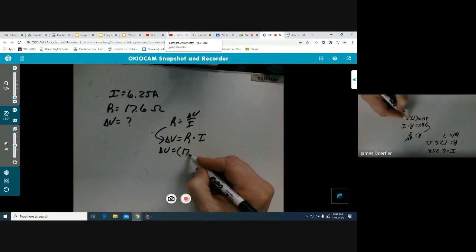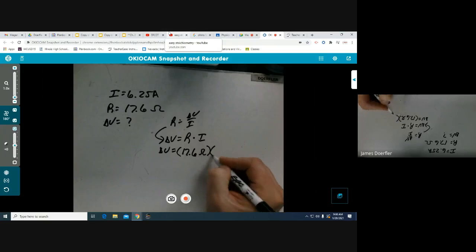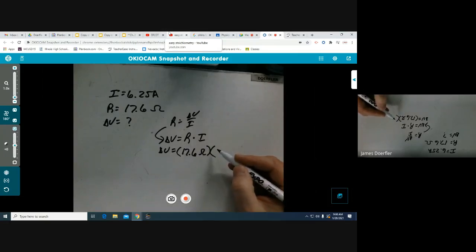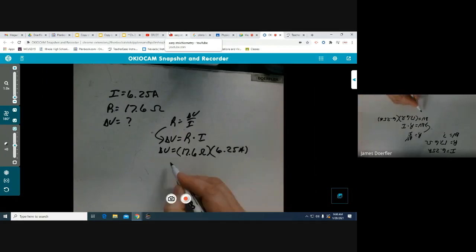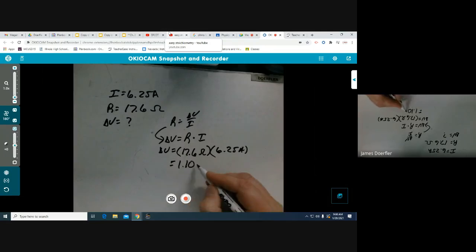Resistance, again, 17.6 ohm times our current, 6.25 amp. And we should get 1.10 times 10 to the second volts. That's how we solve for volts.